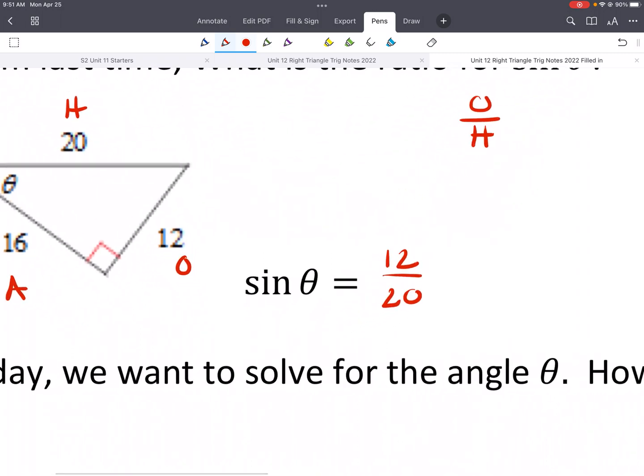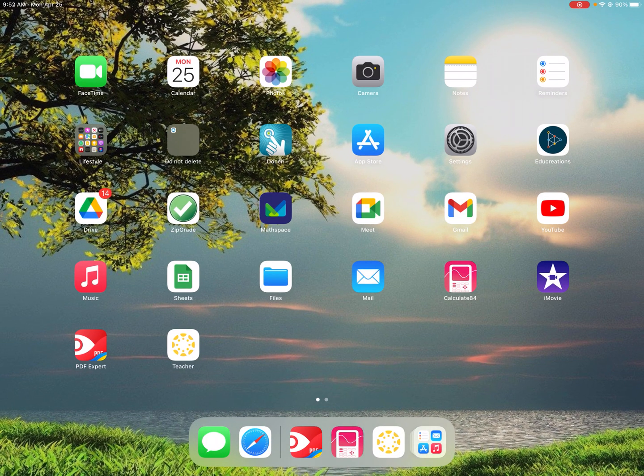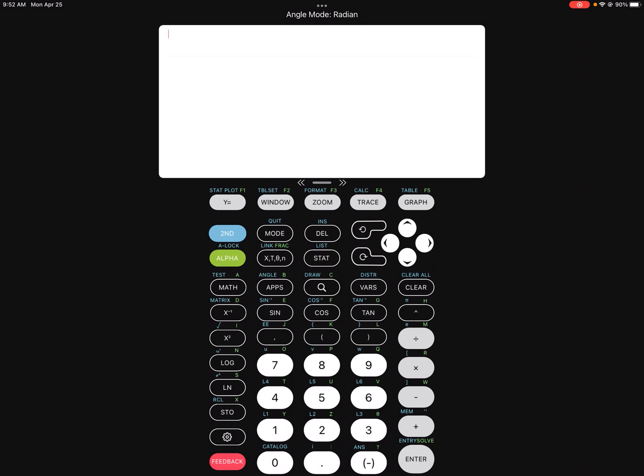So sine is a function. It's not being multiplied by theta. We can't divide both sides by sine, but there is an inverse for sine of theta. Okay? So if you go to your calculator, and it will look a little different than mine, but the buttons are the same. Okay? If you look at this, you'll see buttons that are sine, cosine, and tangent.